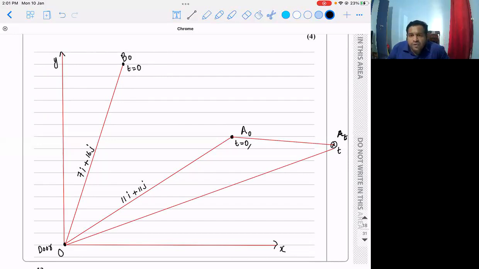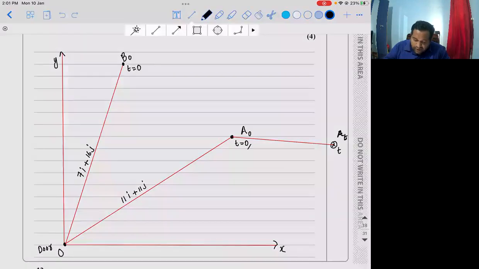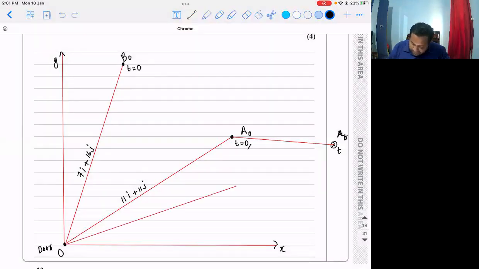So how will we find this new position vector? So this is our question. So this was the position vector of Agatha at 0.